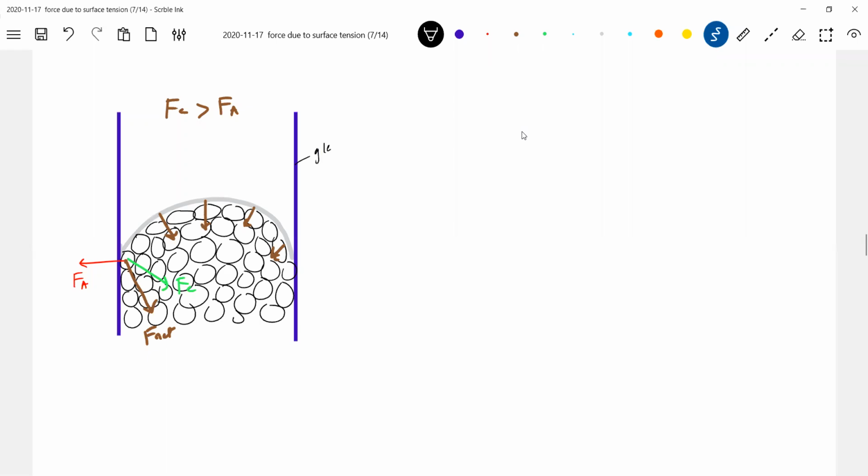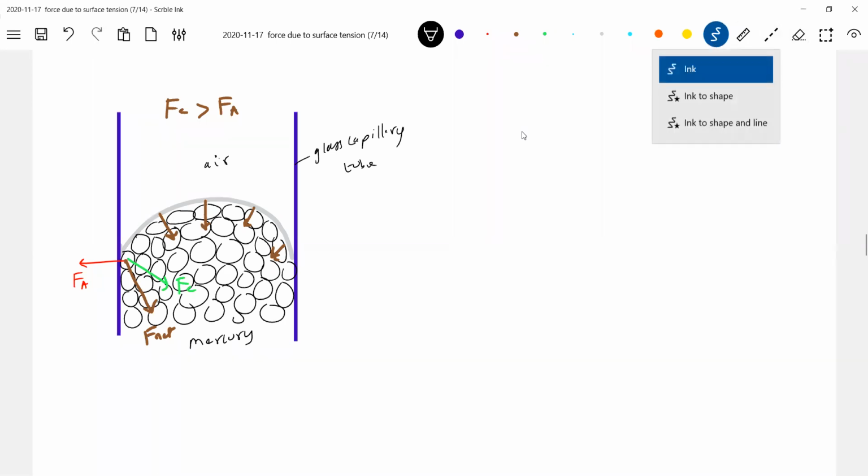Glass capillary tube. And what is this? Mercury. And this is air. Okay, fine. So now we'll show the angle of contact.